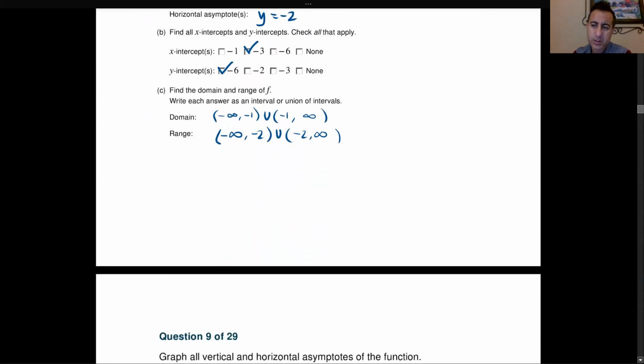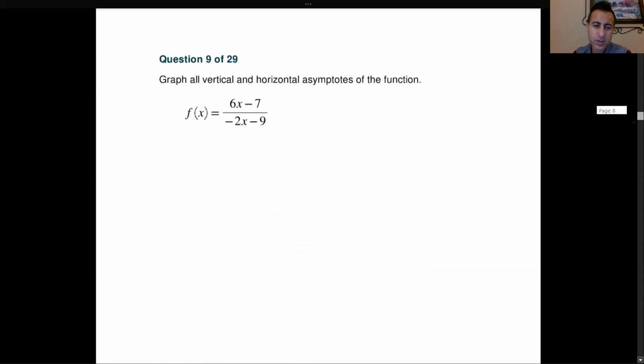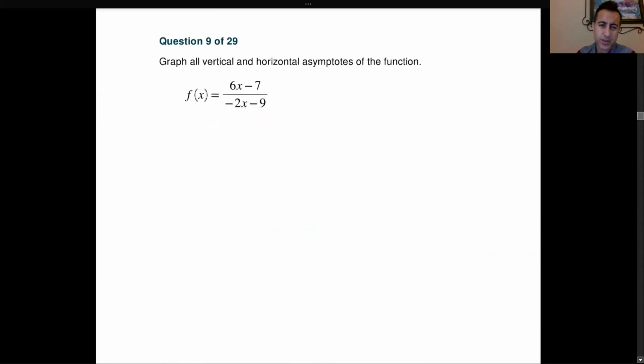All right. So let's do this question, just similar to the one we just did. It wants us just to graph the vertical and horizontal asymptotes here.